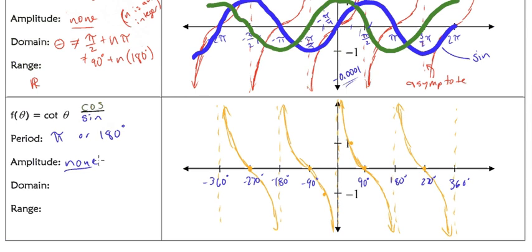Domain: this time theta cannot be equal to 0, and if we're thinking of it in radians, plus n times pi, or can't be equal to 0 plus 180 degrees times n, and again, n being an integer.